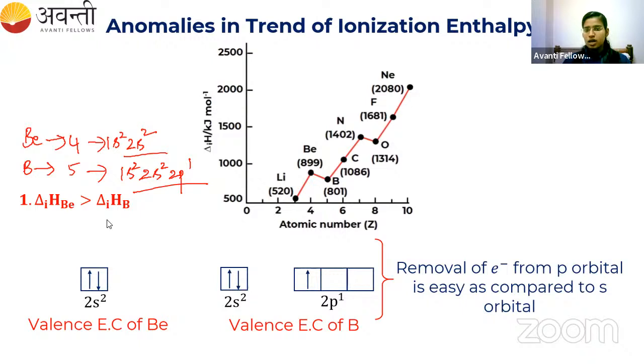Okay. So have you all understood this concept? The removal of p electron is easy, so that's why ionization energy is very less. Shall I go for the next anomaly? Is it clear?